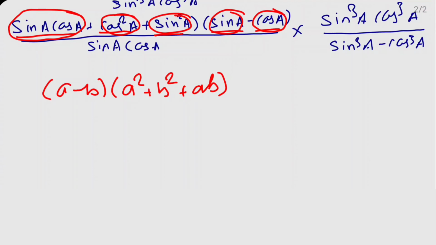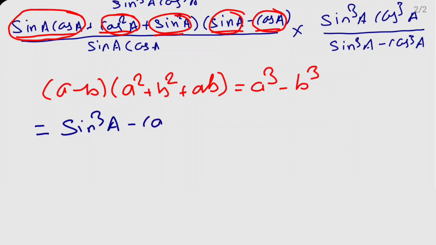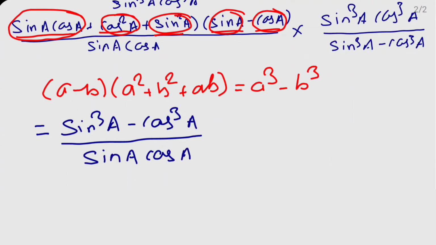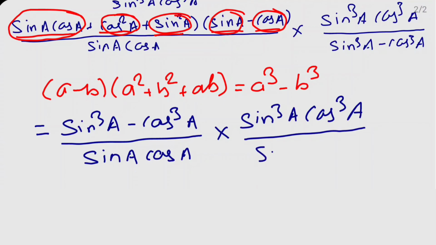So it is the expanded form of a cube minus b cube. So here we will get a cube minus b cube. It means sin cube A minus cos cube A, and this divided by sin A into cos A as it is here, into sin cube A into cos cube A divided by sin cube A minus cos cube A, right?